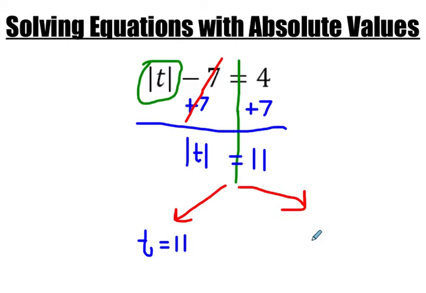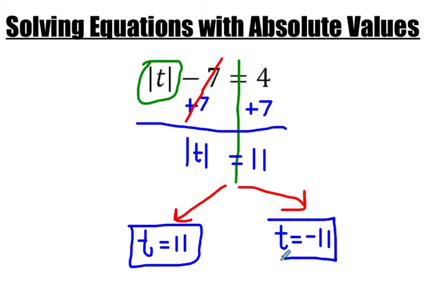For your second equation, you are going to get rid of the absolute value bars, but you are going to change whatever is on the other side to a negative. So t equals negative 11. In this case, both of these equations don't have anything else for us to do in terms of solving, so these are our answers.